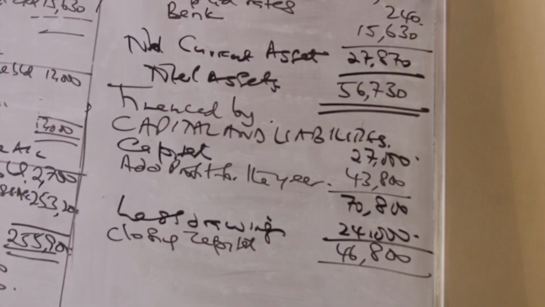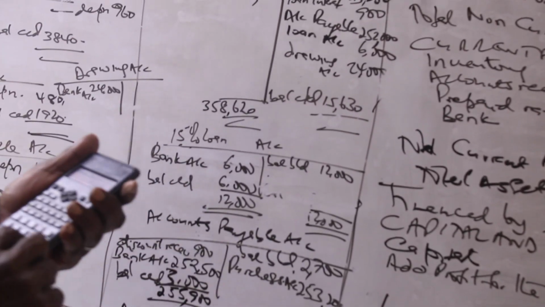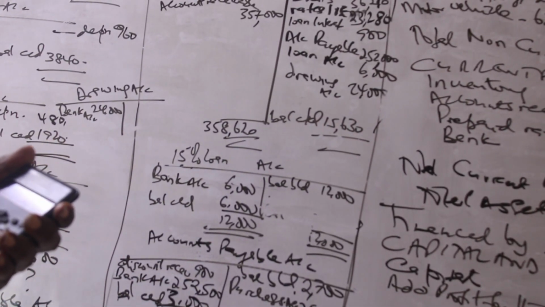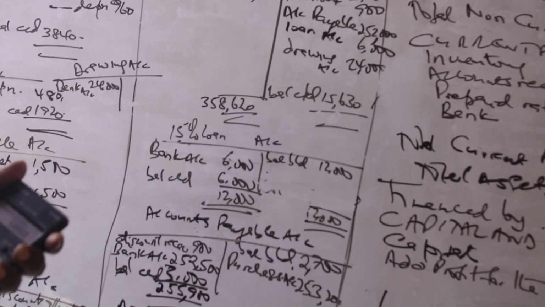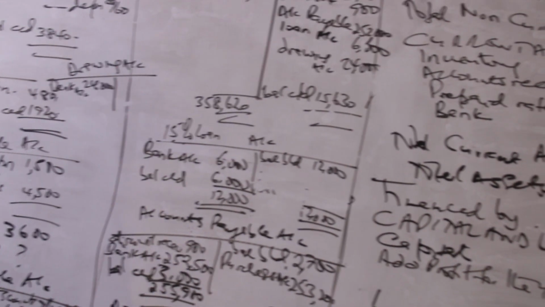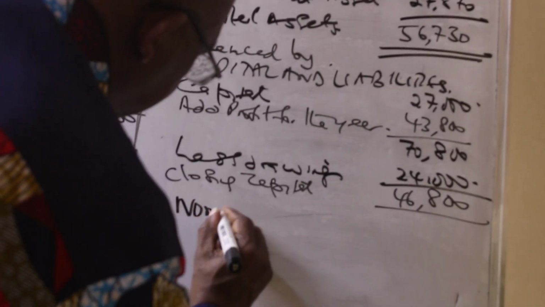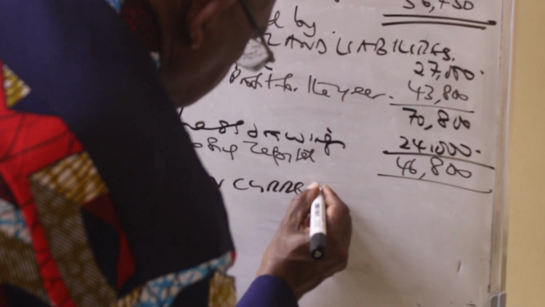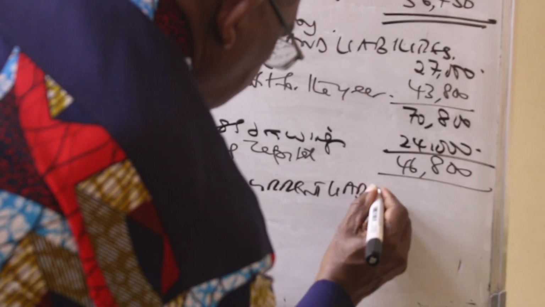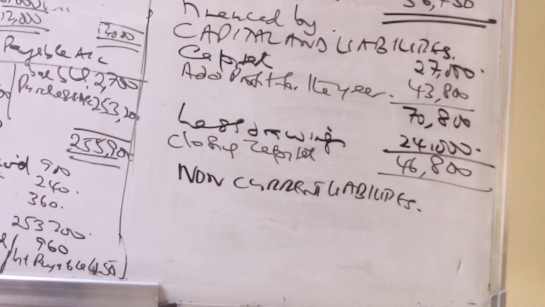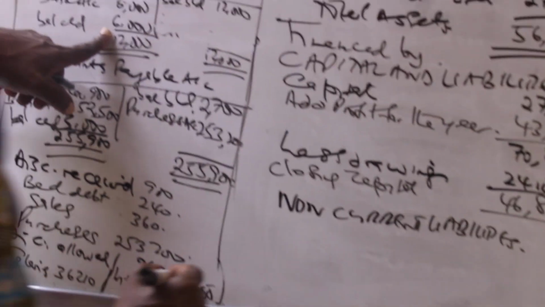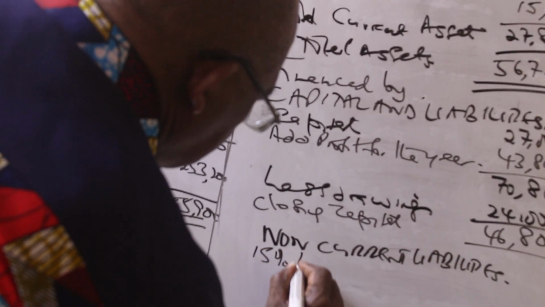Do we have a loan somewhere? Yes, we have a loan amounting to 12,000. So non-current liabilities: the balance of the 15% loan is 6,000.